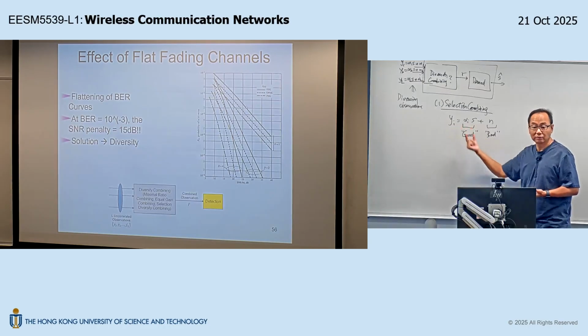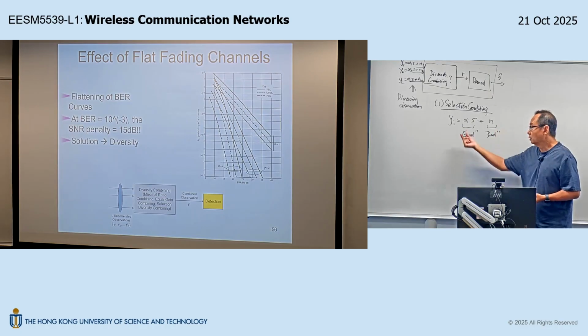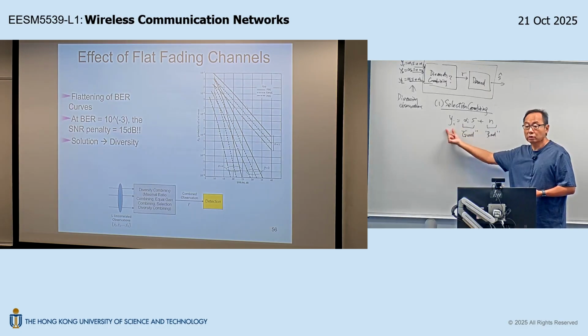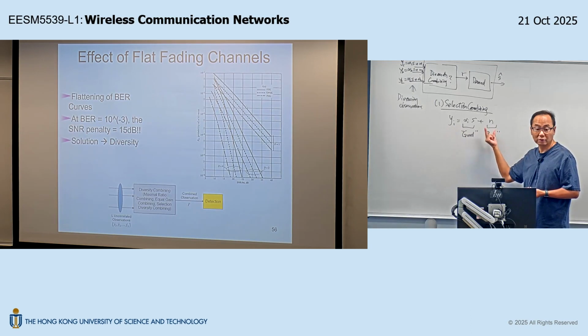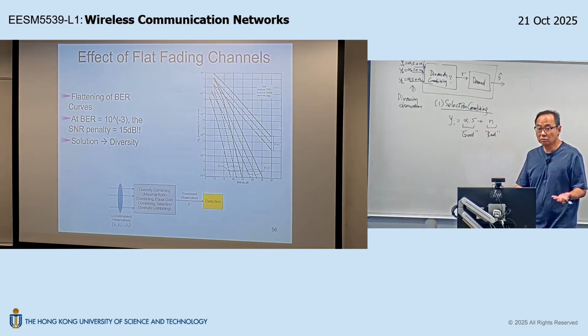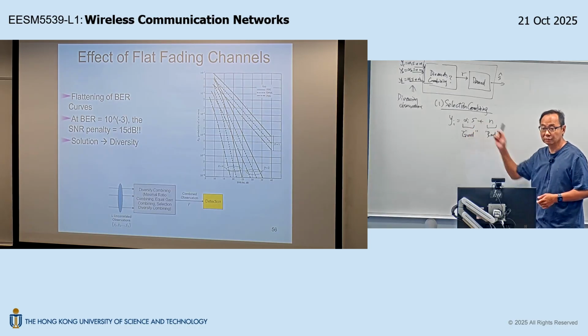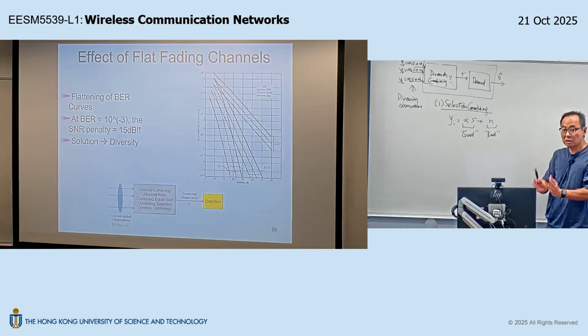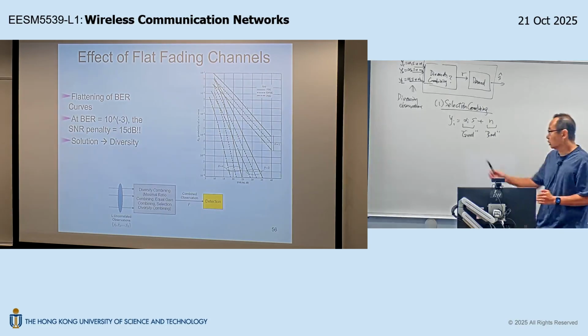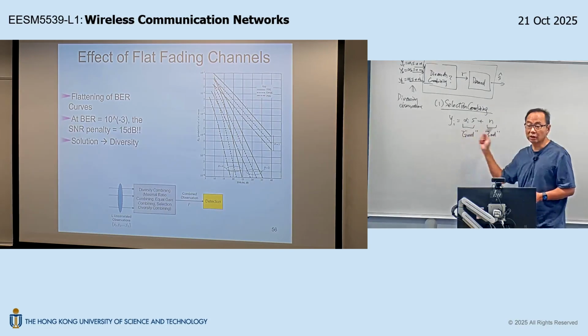On the other hand, if the magnitude of alpha is very small, a so-called deep fade, then this observation will be very unreliable because most of its energy will be coming from the noise, which is unrelated to what we want to detect. So the reliability depends on this fading gain. The larger the fading gain is, the more reliable the observation would be. That's okay, right?